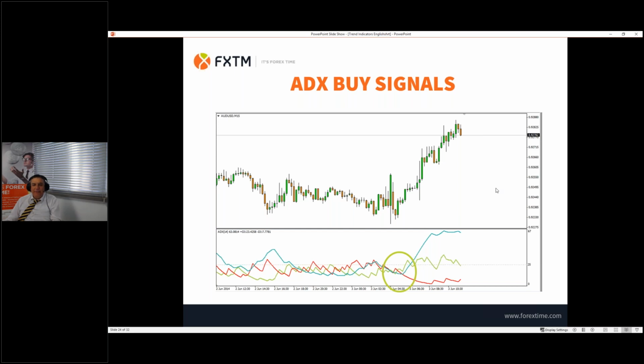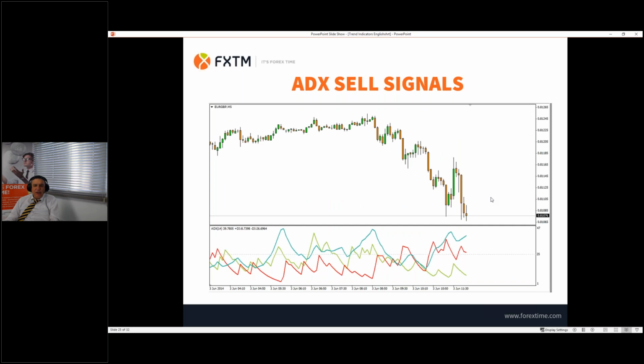So you can buy. Buy signal when ADX is above 25 and there is a crossing above of the plus DI, the green line, over the minus DI, the red line. So here is a beautiful buy signal.